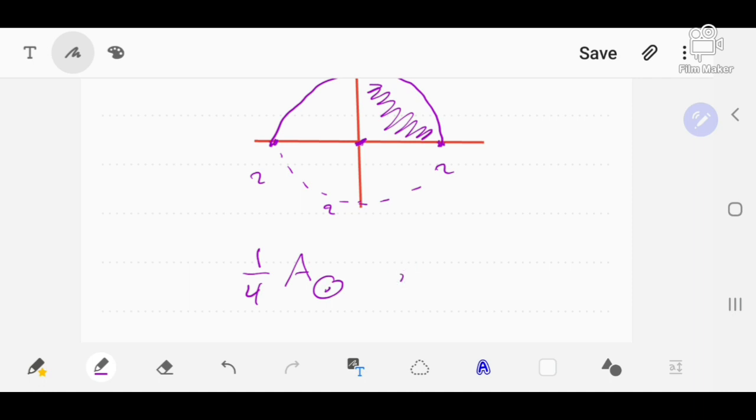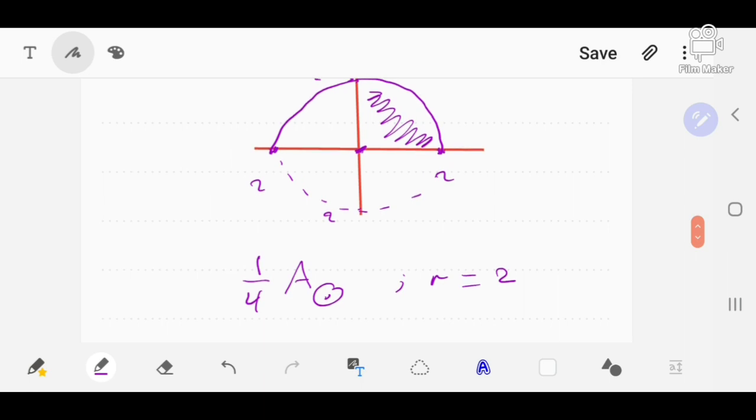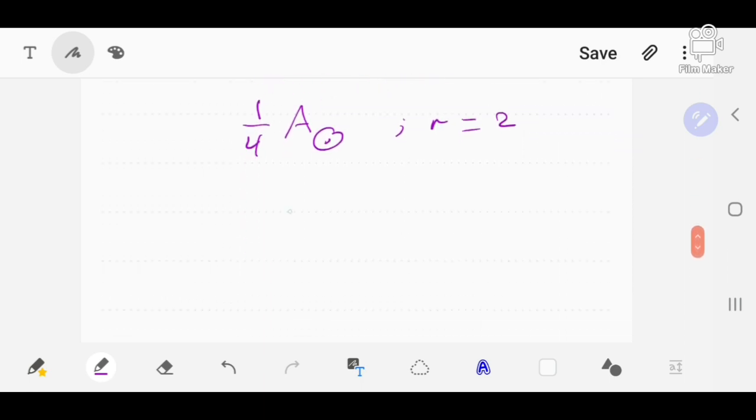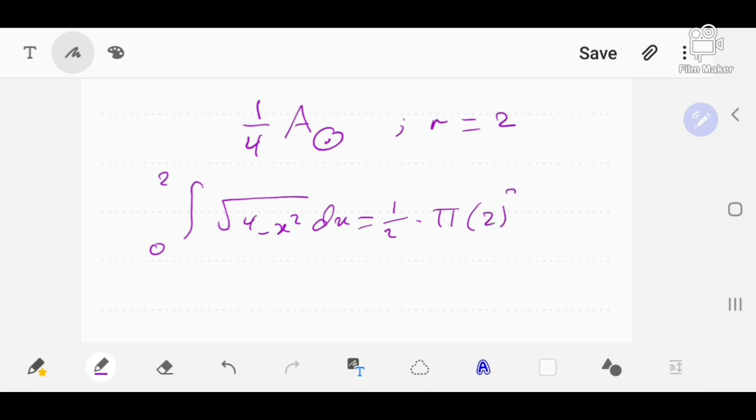So in this case, this integration from 0 to 2 of the square root of 4 minus x squared, depending on x, is equal to 1 over 4 times the area of a circle, which is pi r squared.